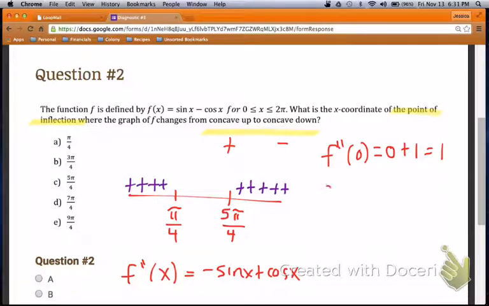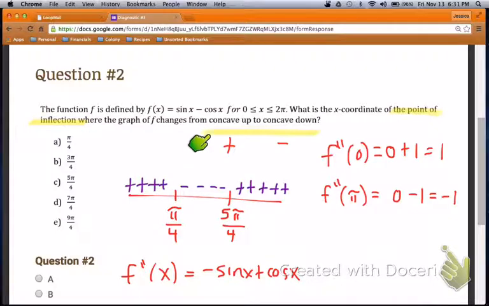So if I evaluate the second derivative at pi, I get negative sine of pi, and negative sine of pi is equal to 0. Plus cosine of pi, and cosine of pi is equal to negative 1. So that's a negative value. So all these values in between pi over 4 and 5 pi over 4 are negative.